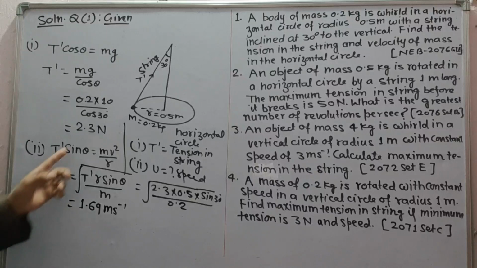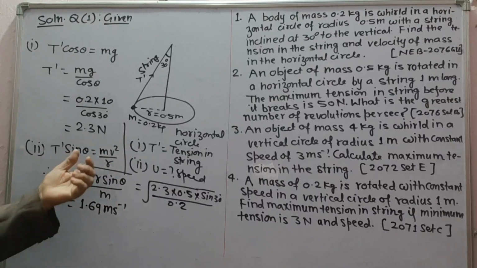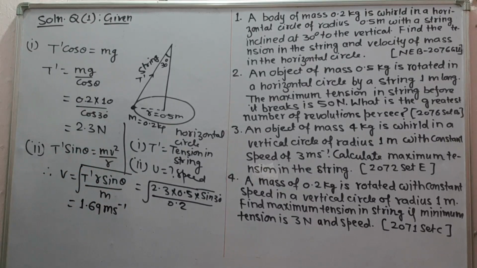This can also be calculated with tan theta is equal to v square upon rg.